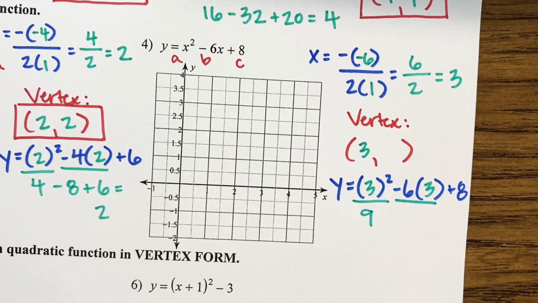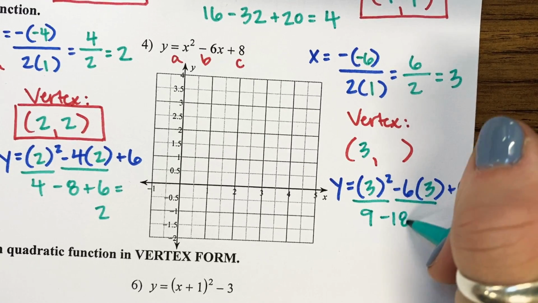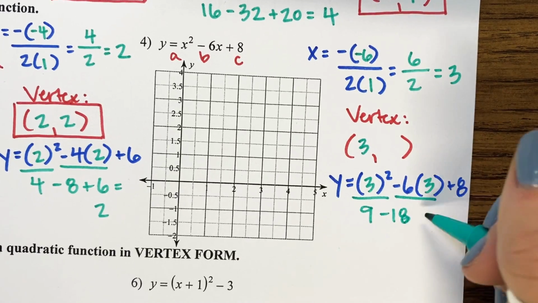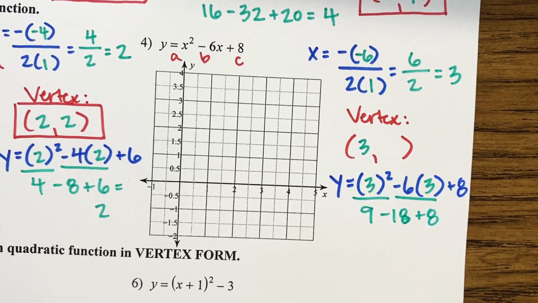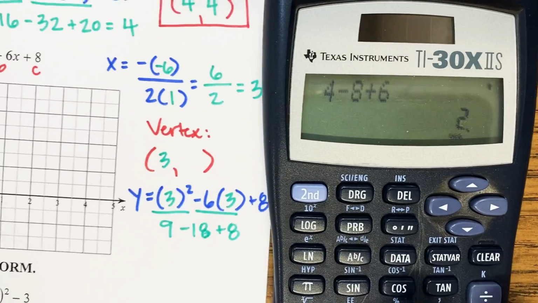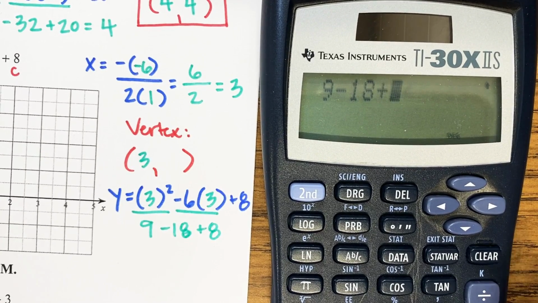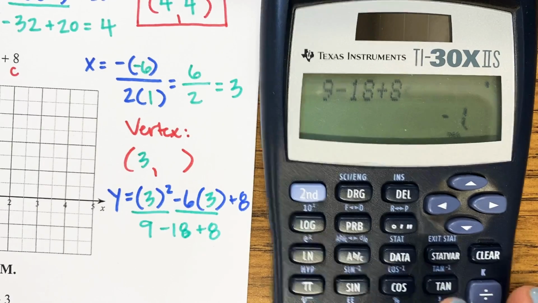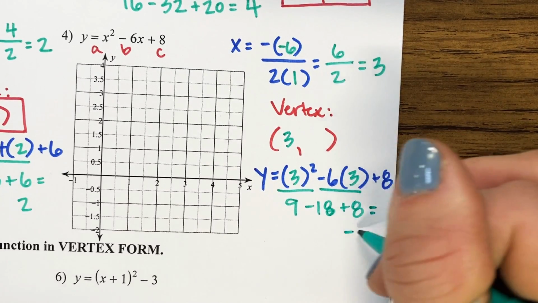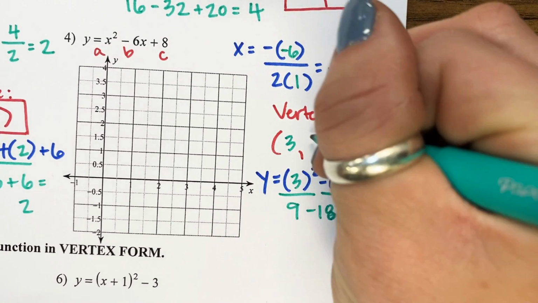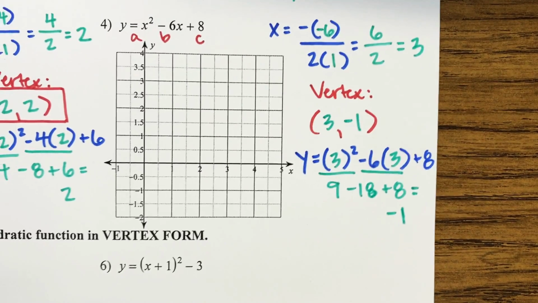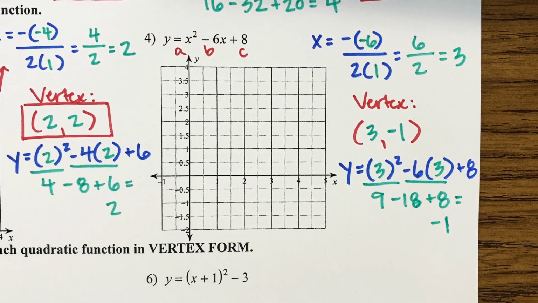Negative 6 times 3 is negative 18. And plus 8. Okay, let's go ahead and punch this into our calculator. 9 minus 18 plus 8 is negative 1. So for my y part of my vertex, we got negative 1.